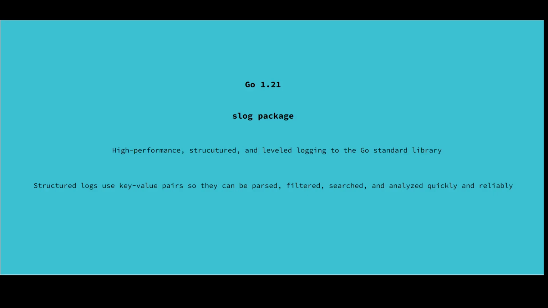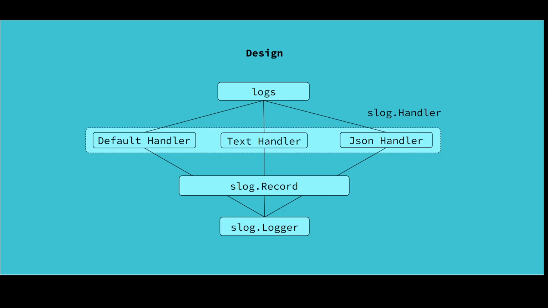So, what is the design of this log? The design is you have a front end and a back end in structured logging. The front end is demonstrated by slog.Logger. The front end collects all the attributes and the message, and the logger creates a slog.Record from all the input it gets, and that record is passed to the slog.Handler, and then the log output is produced.